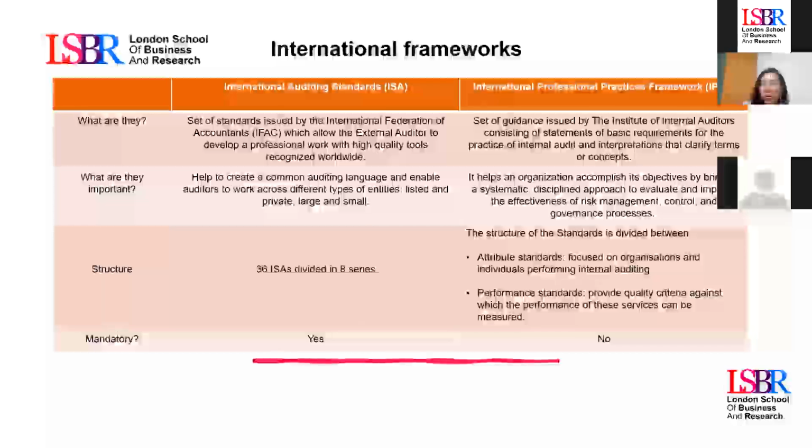The first is called attribute standards, focusing on the organization and individuals performing internal audit, and the other group is called performance standards, like how the internal auditor could apply an international practice. And finally, this is not mandatory. It means that companies could use another framework, but this is the most famous.